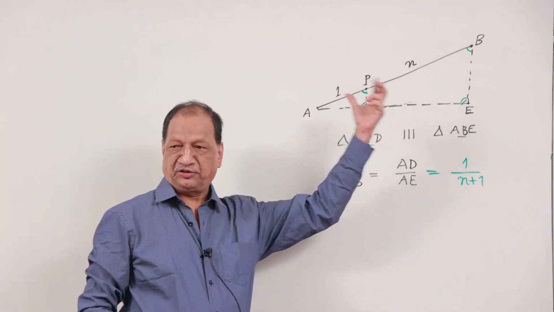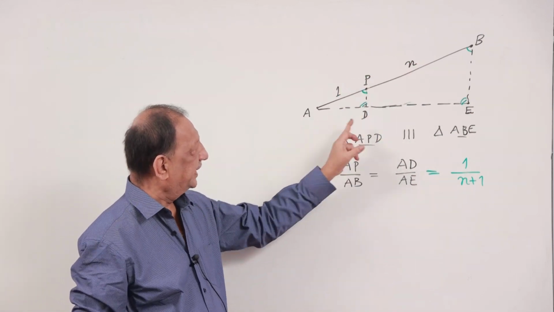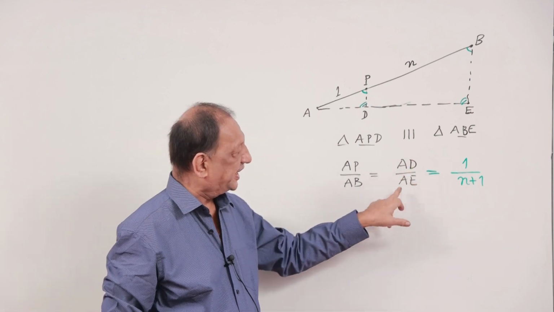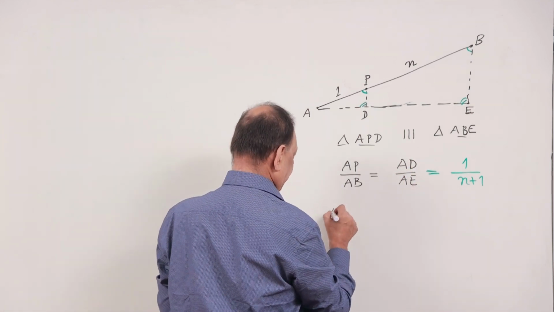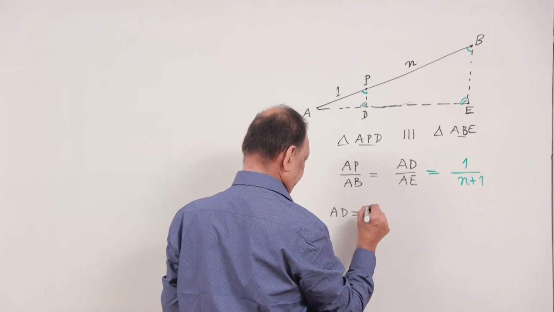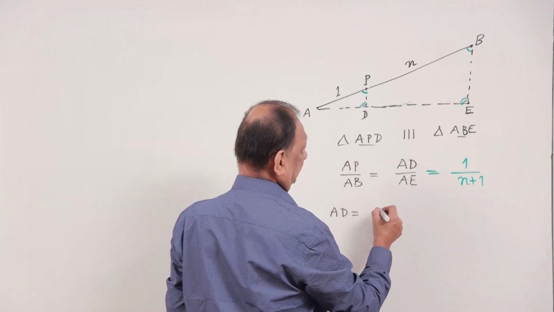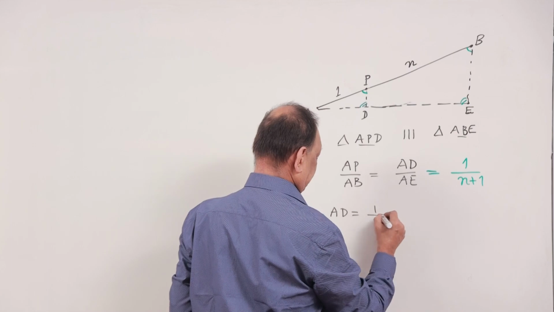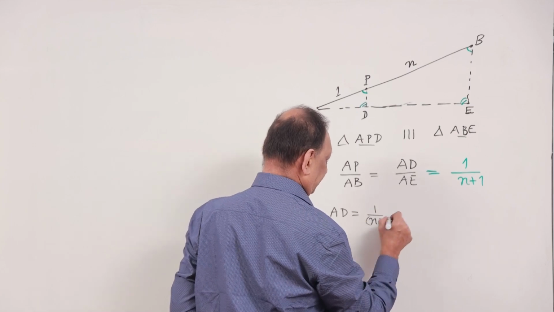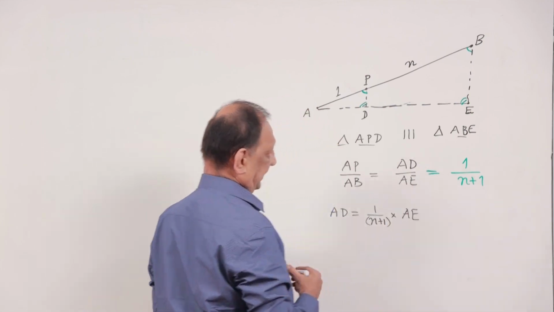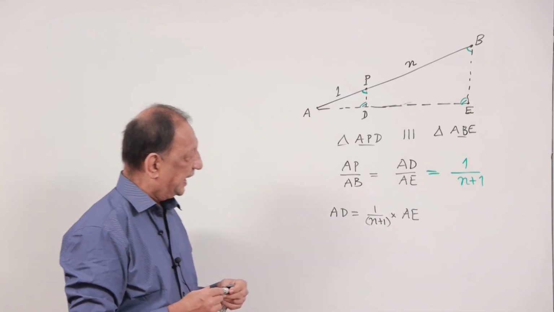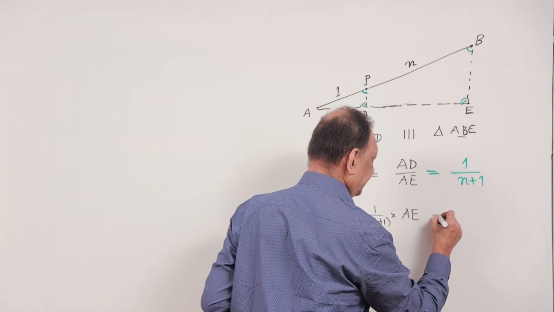1 and that is n, right? So 1 by n plus 1 is that ratio. So AD by AE is equal to 1 by n plus 1. Therefore, AD is 1 by n plus 1 multiplied by AE. Correct? And what is AE?